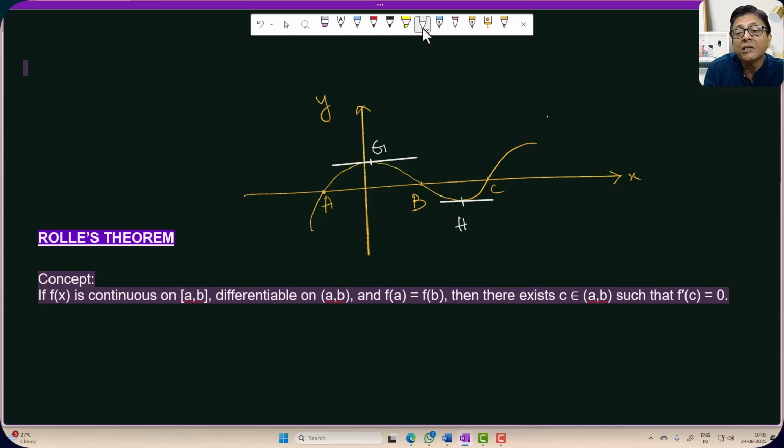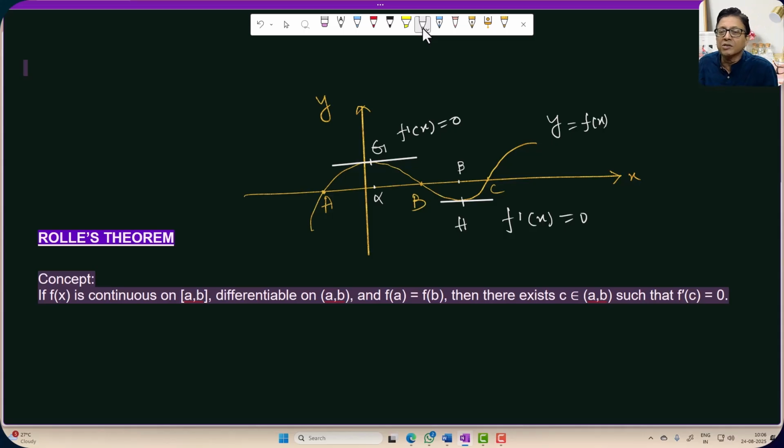So if this is y equal to f(x), and this point is alpha and this one beta, then there will exist points G and H on the graph where f dash x equal to 0. Here also f dash x equal to 0.